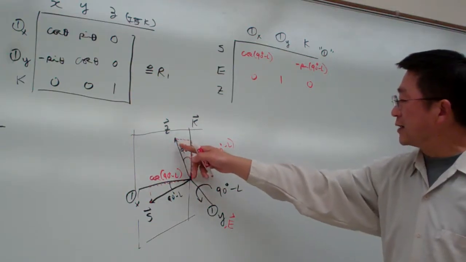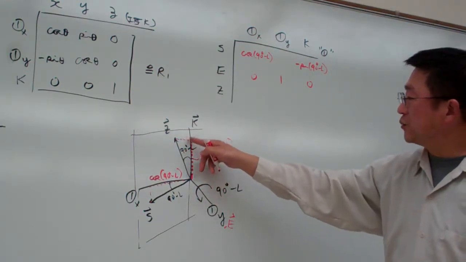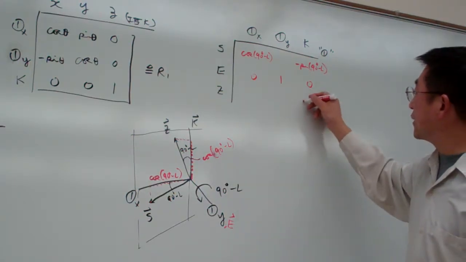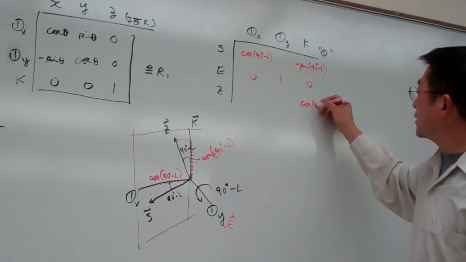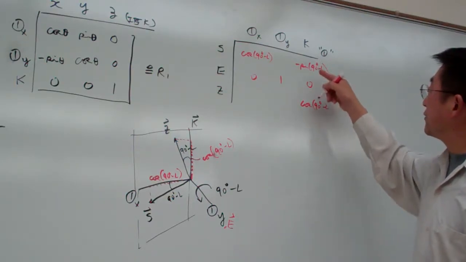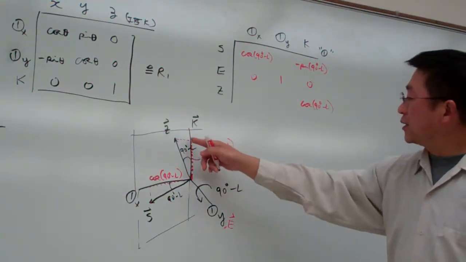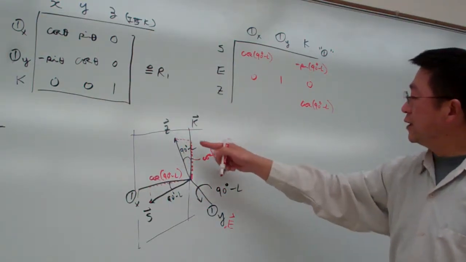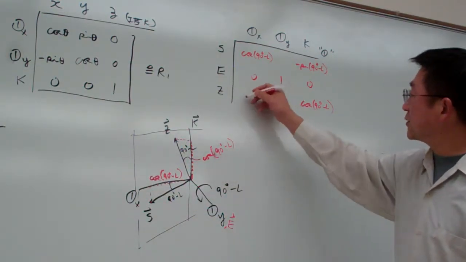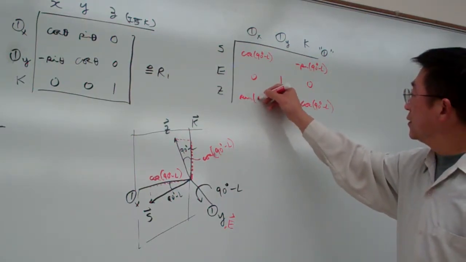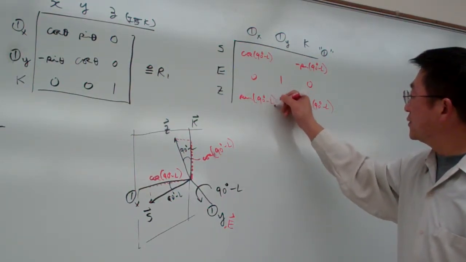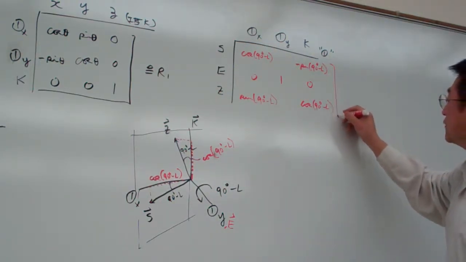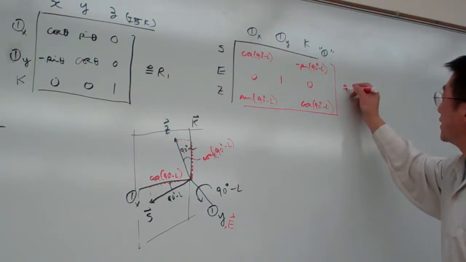Okay, and the second component has a magnitude sine of this angle in the I direction, so that is sine of 90 degrees minus L in the I direction. So that is what we read here. So here we define this as a matrix defined as R2.